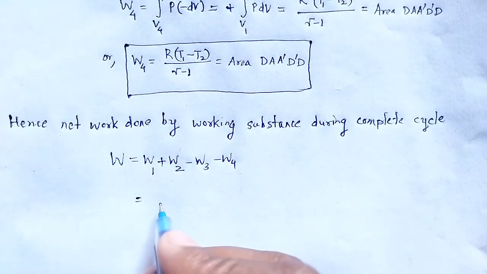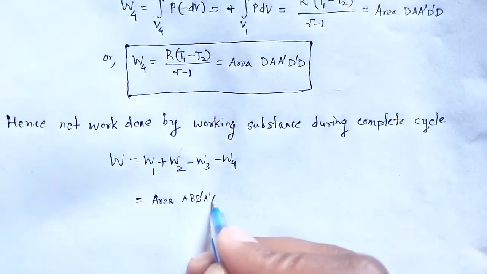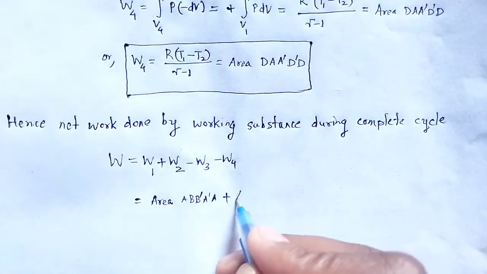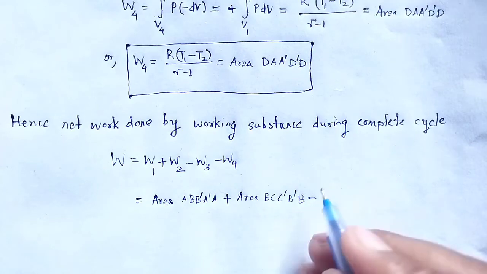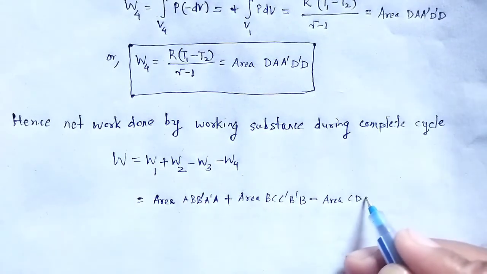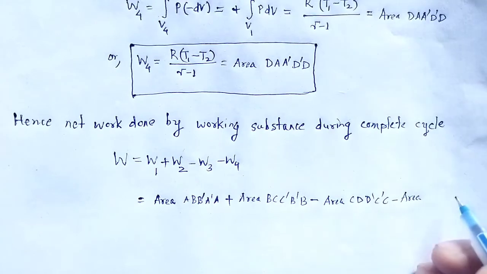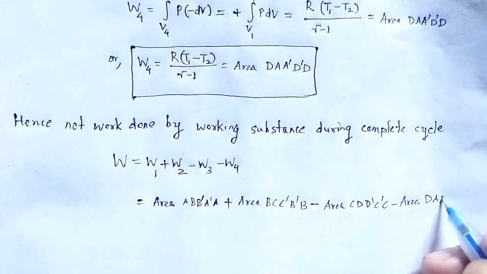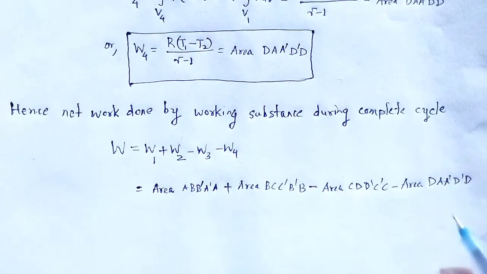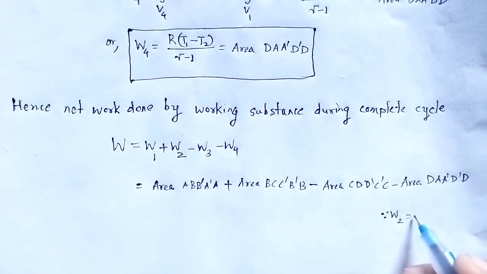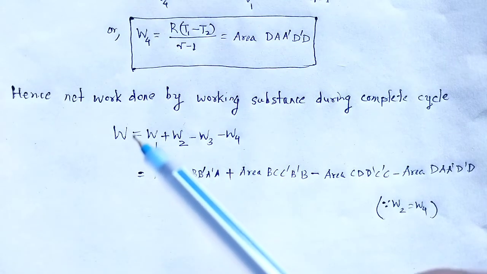So here W1 is the area under the curve AB, B dash A dash A, plus W2, the area under the curve BC, C dash B dash B, minus W3, the area under the curve CD, D dash C dash C, minus W4, the area under the curve D A dash D dash D. Here W2 is the same as W4, so these two terms cancel with each other.